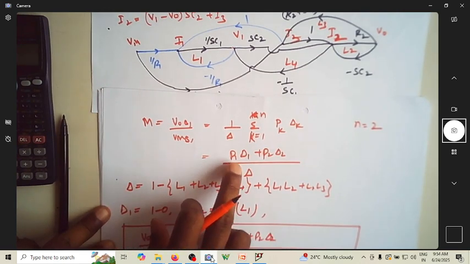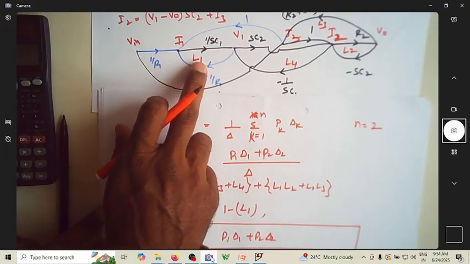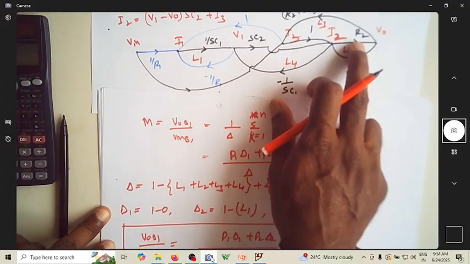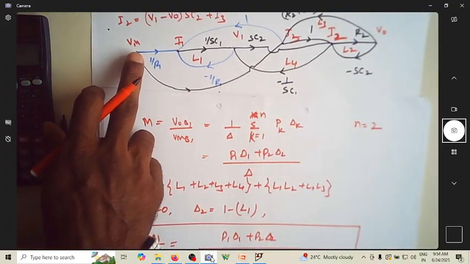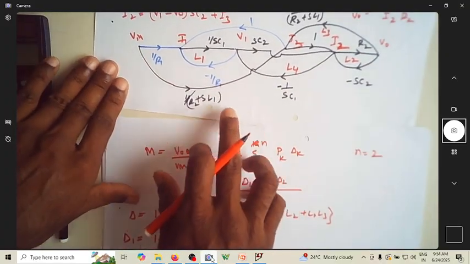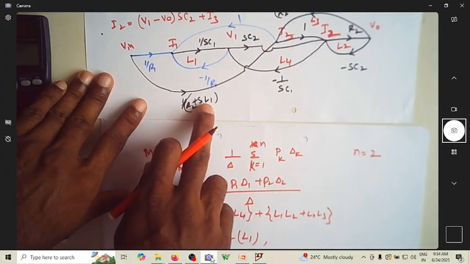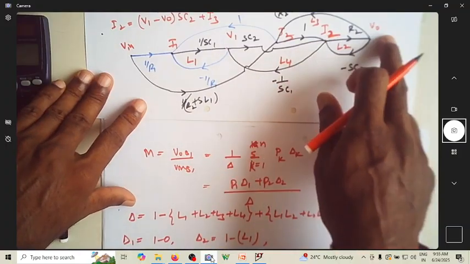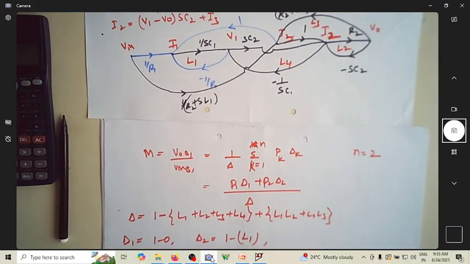So delta is this, P1 is 1 over R1 into L1 into SC2 into R2. Then sorry, P2 is 1 over R2 into L1 into 1 into R2. So that's the second part.